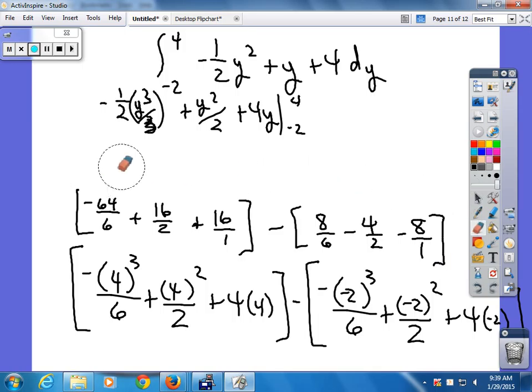Because you got to get a common denominator if you're doing this by hand. And that's going to give you -64 over 6. Where? Right over here? Did I not have 4 over 2? What I have?